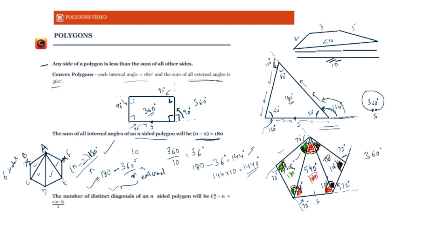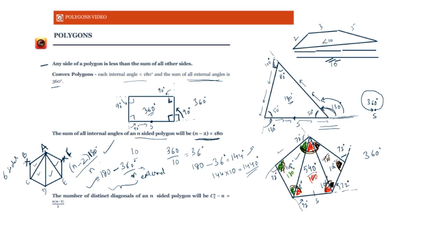So we know that A cannot make a diagonal with B because AB makes a side, and A cannot make a diagonal with F because AF makes a side. So A makes a diagonal with C, with D, and with E, right? Now, what about B?